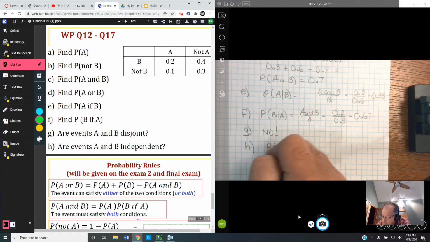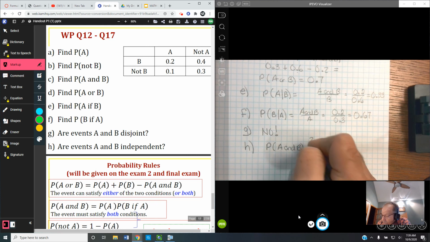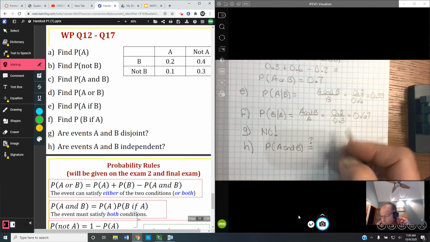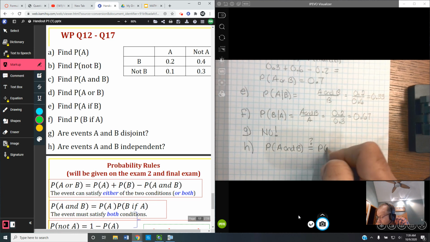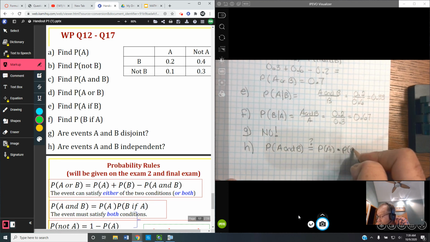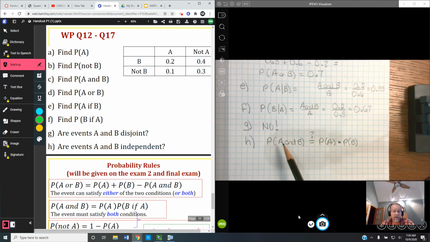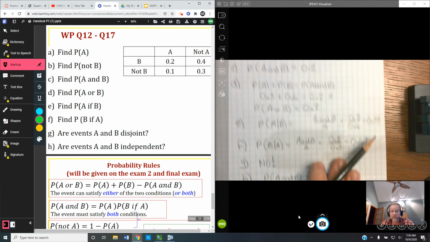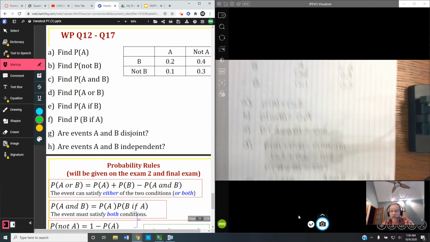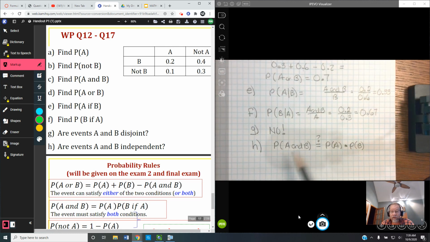We're going to take the A and B calculation, and we're going to ask ourselves if it is equal to the probability of A times the probability of B. If this is true, and that's the event we're checking, A and B. If it wanted some other event, we'd have to do other letters.